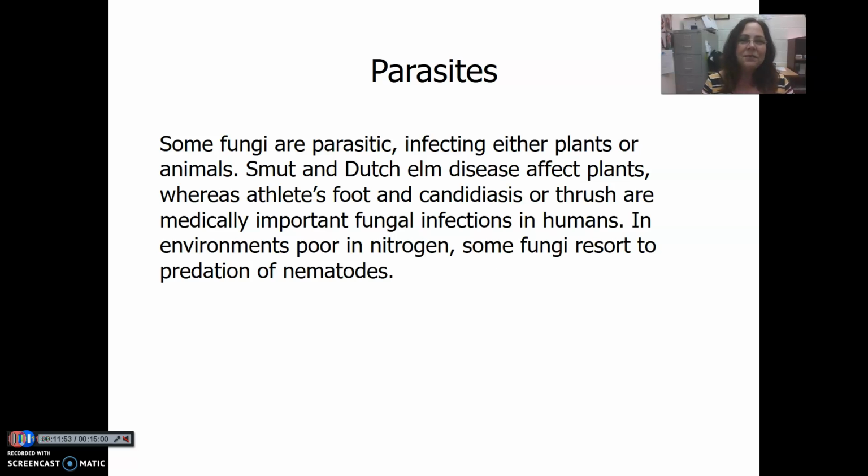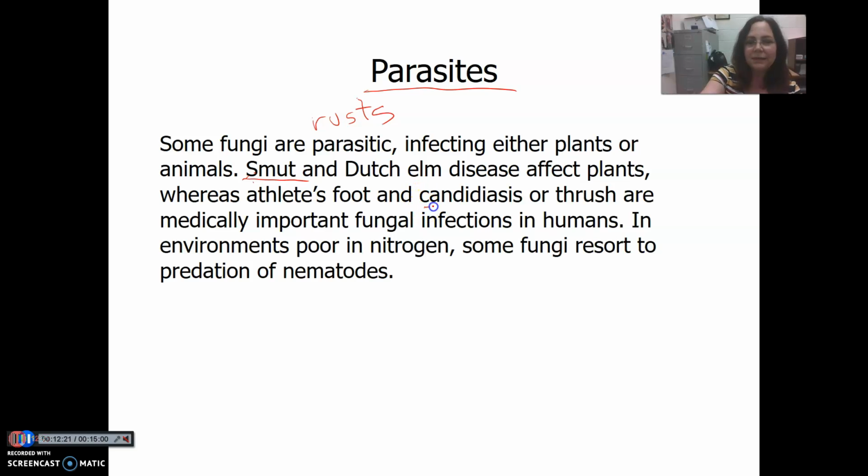All right, some fungi are parasites, and they can infect plants, and they can also infect animals. Some examples are smuts and rust. Smuts and rust can infect plants, especially certain crops. Dutch elm disease affects elm trees. And then human fungal infections include thrush.